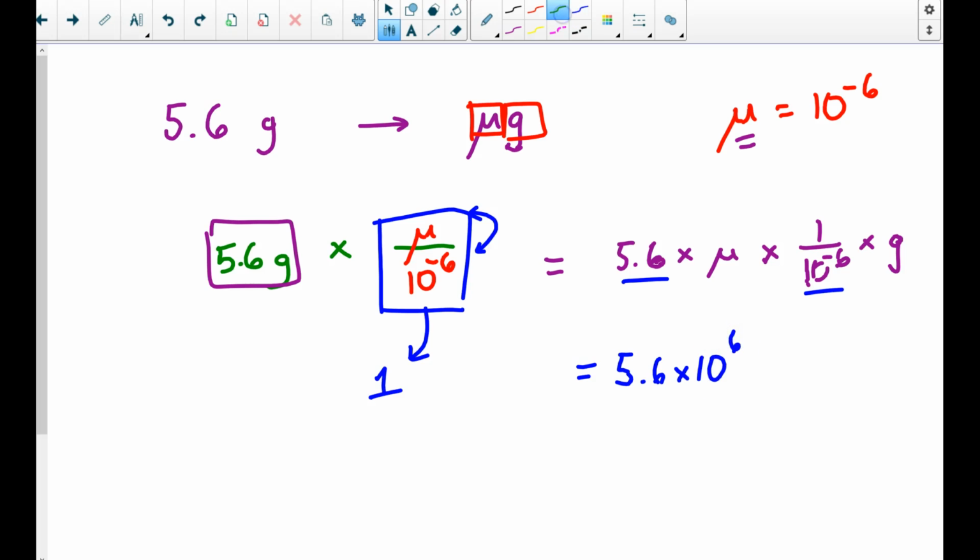And then after you combine the values, you combine the units and put micro, the prefix, before grams, the unit. Grams is the unit, and this micro is called the prefix or the multiplier. That's how we convert.